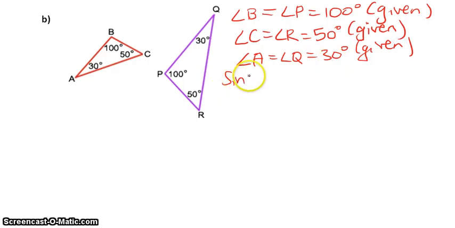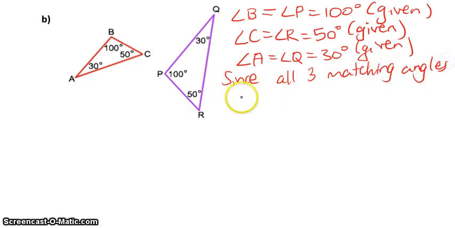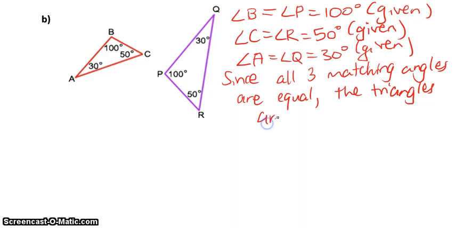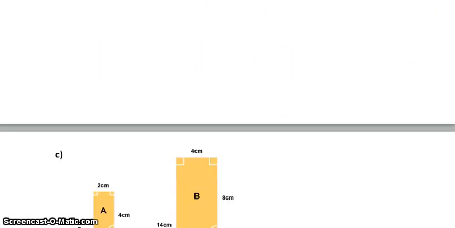And I'm going to say since all three matching angles are equal, the triangles are similar. So I'm giving a reason and I'm writing a statement, and that's pretty much what geometry is all about, giving a reason, writing a statement.